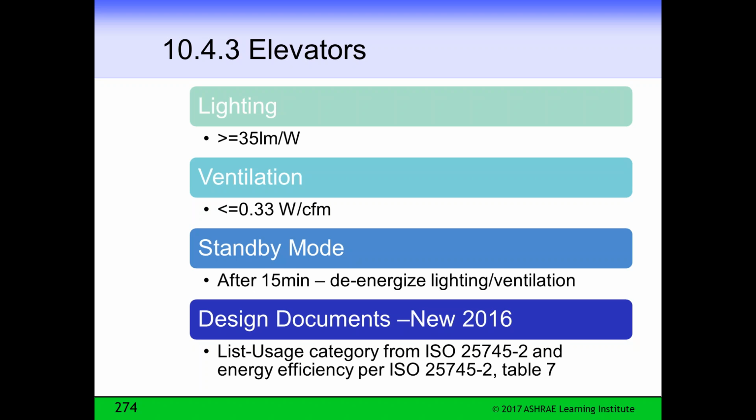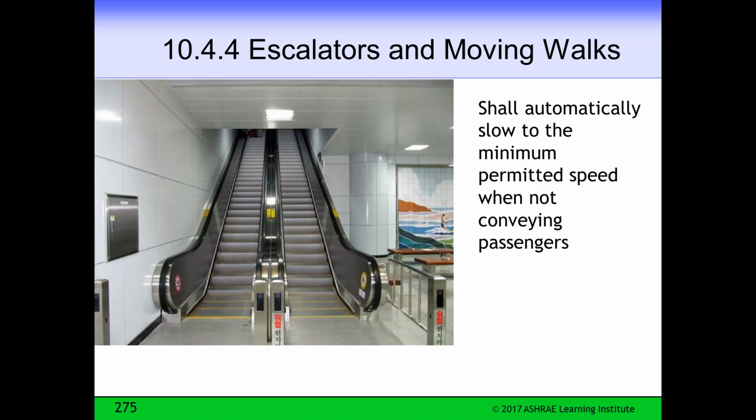And so that's all we're doing in 2016, is requiring them to be able to look up that ISO, use that table 7, and put that information on the documents. And in the near future, we'll start setting a minimum efficiency requirement for lift per foot or some metric like that. So we'll actually be trying to impact the efficiencies of the elevators.